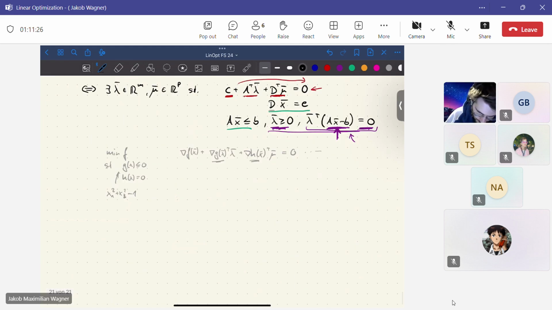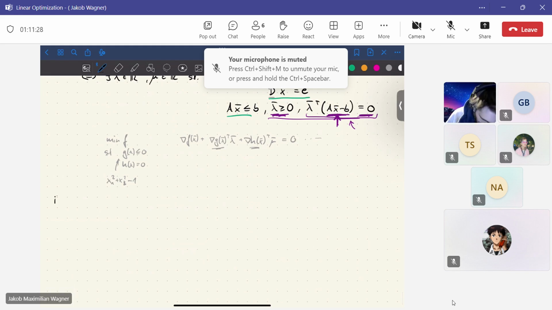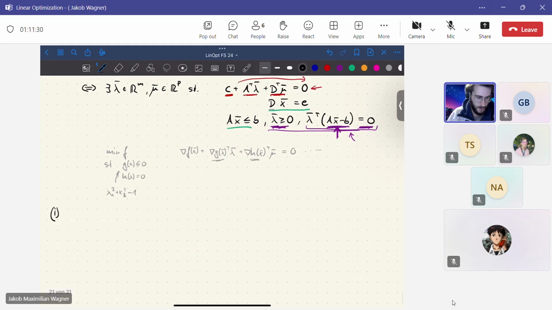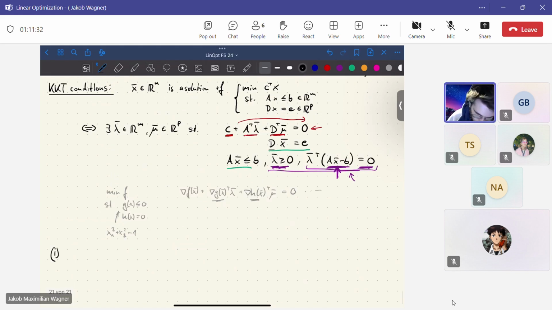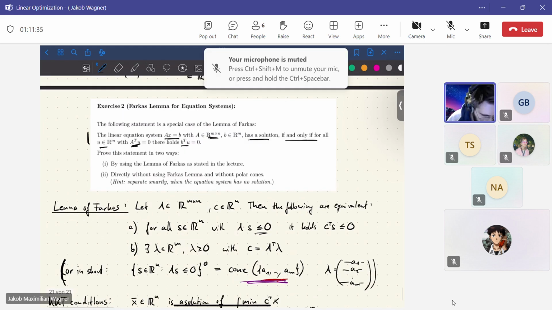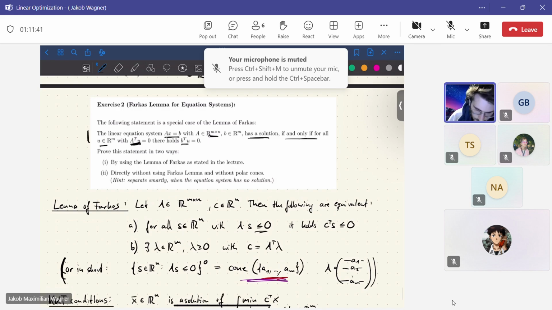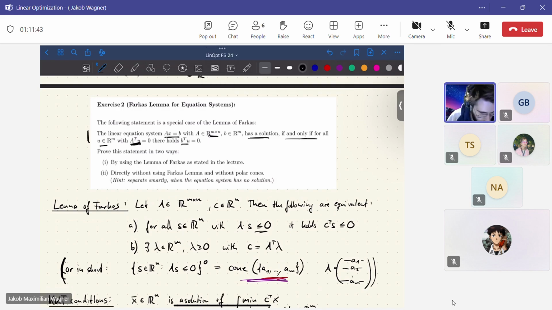Okay. So first, let's do this with lemma of Farkas. So let us have first a look at this condition: A transpose u is equal to 0, and b transpose u is also equal to 0.